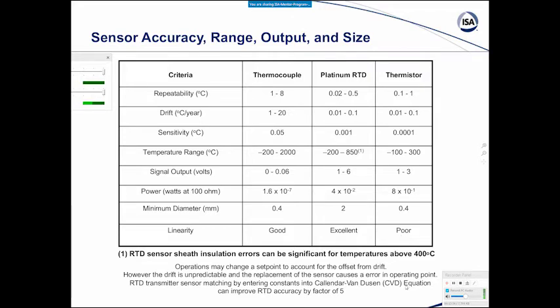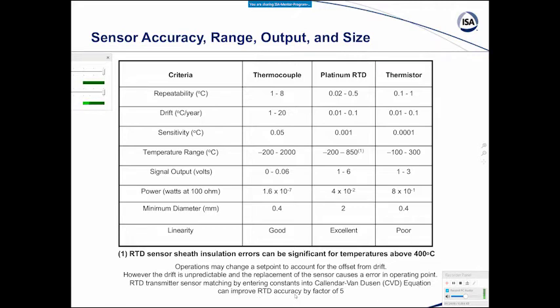The other thing, as noted here at the very bottom, is the RTD transmitter sensor matching by entering constants into the Callendar-Van Dusen equation that's in, say, a smart transmitter. And now I find out it's also in some smart RTD input cards for the newer I/O systems of distributed control systems.